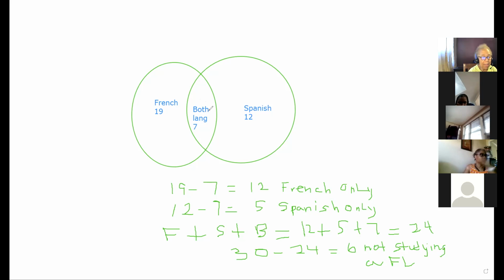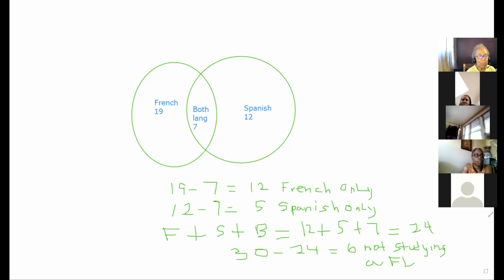So you have to subtract that out to get the ones that are French without the both and the Spanish without the both, add up the both total, and you get 24. But there are 30 people actually. So 6 of them are not studying any foreign language.